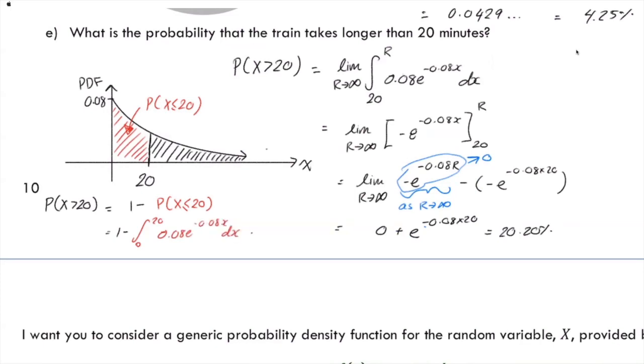But this should, again, in the end, give you the same 20.20%. Is that okay? Perfect. Any questions or concerns about this? No?